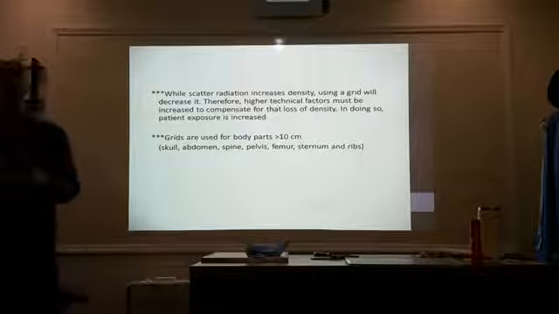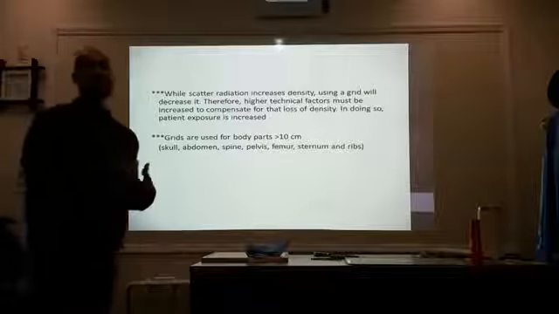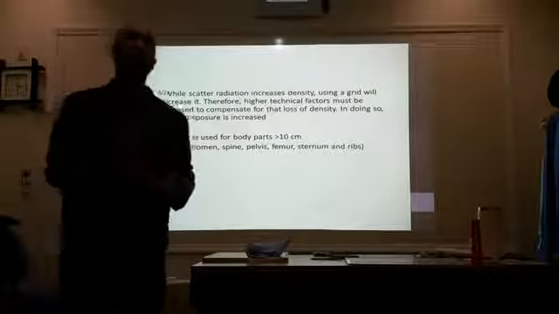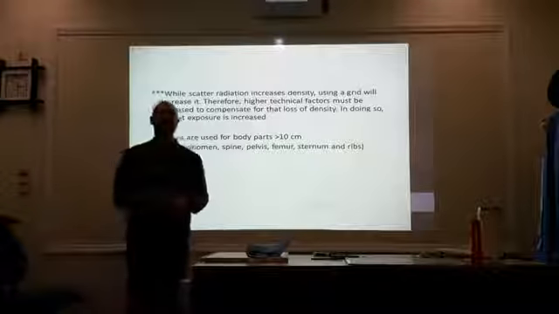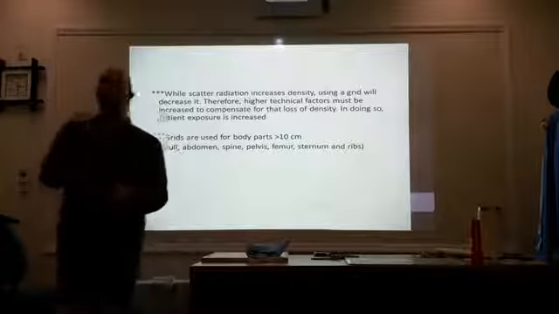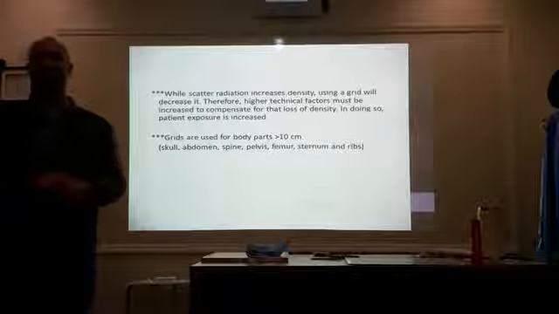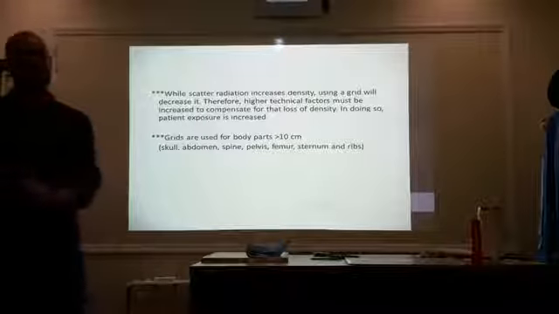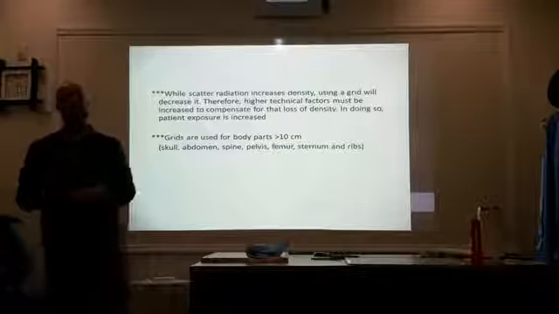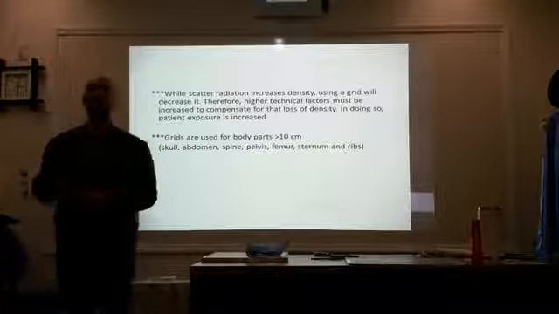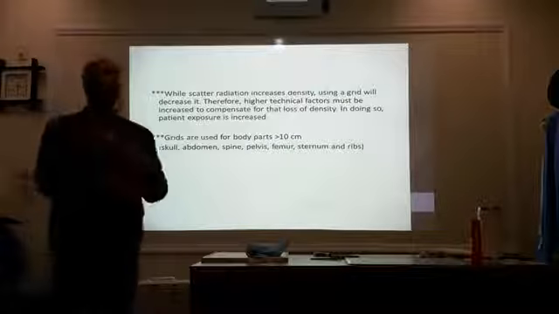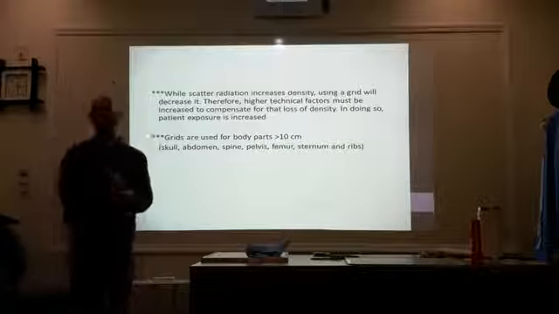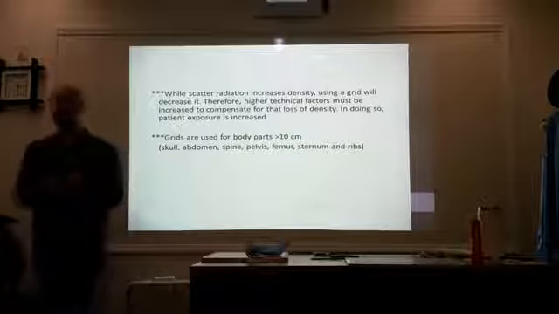So although the grid does us a good thing, we lose some overall density, so when we are using a grid, we also have to bump up our technical factors. It's not much. But when we're talking about a proper diagnosis versus something missed, we are going to increase that risk slightly. Okay?